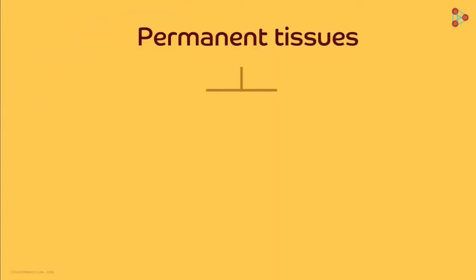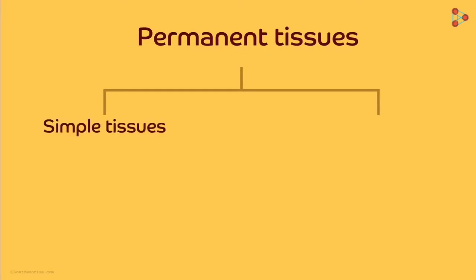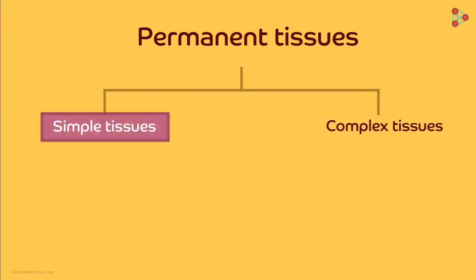Do you know there are mainly two types of permanent tissues? Can you take a guess at their names? Yes, they are simple tissues and complex tissues. We will look at the simple permanent tissues in detail. The very word simple means they have a very simple structure. All the cells of a simple permanent tissue are almost the same. Do you know that there are 3 subtypes of the simple permanent tissue?